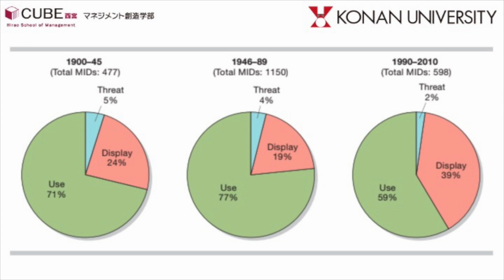So you can see that more recently there are these displays, and that's kind of showing the military force but not actually using it. So I think North Korea launching test missiles is one type of display of force.